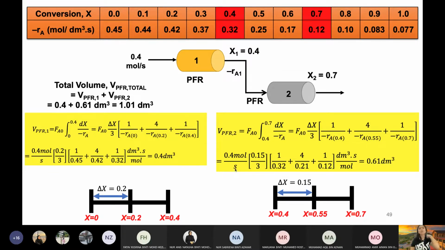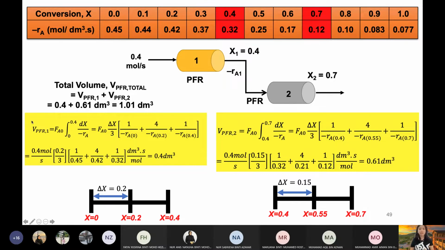Okay, so let us calculate the volume of the first, kalau menggunakan two reactor in series. Okay, so we calculate the volume of the first reactor first. So for the first reactor, volume PFR1 equals FA0 integrating from 0 to 0.4. So lower limit 0, upper limit 0.4 because the first reactor converts from 0 to 0.4.